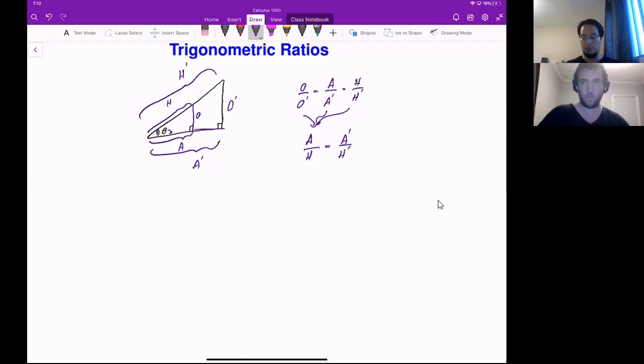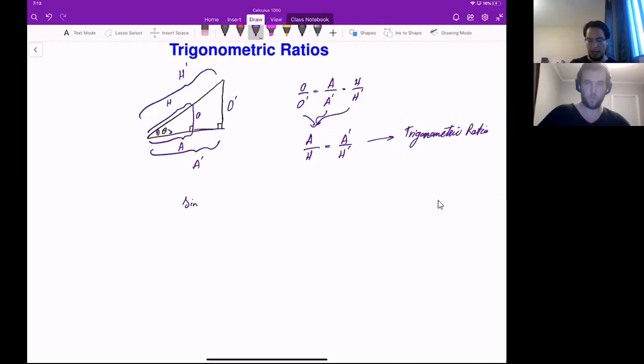And that's where we start to call them trigonometric ratios. These are so important that we fix a name for that.